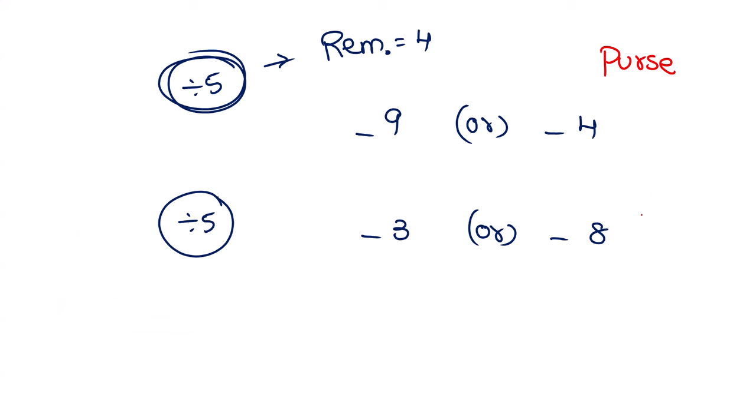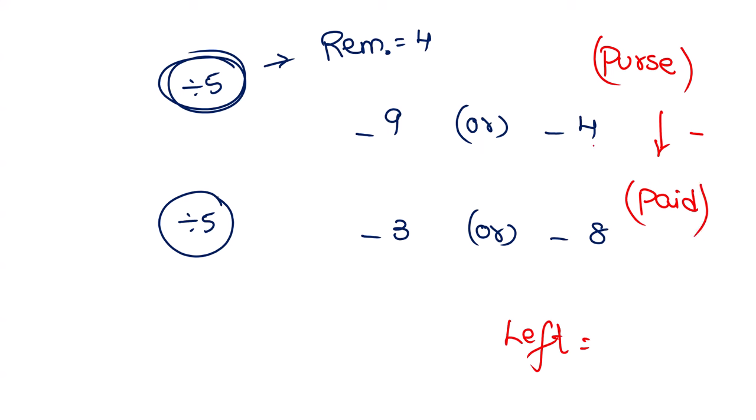The leftover is subtracting these two, right? What is left, if you want to identify? We have to subtract the amount paid from the amount in the purse. Yes or no? Now, let's see. When your number is ending with 9 and the other number ending with 3, let us say I am trying all possible cases.